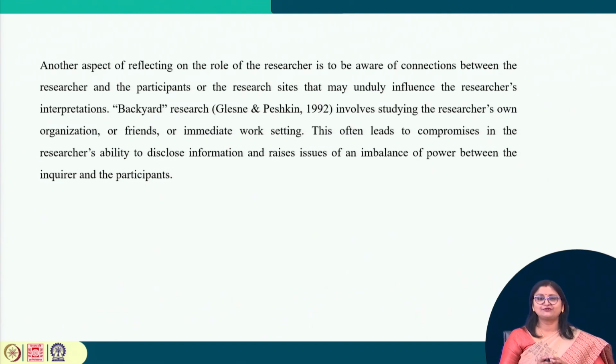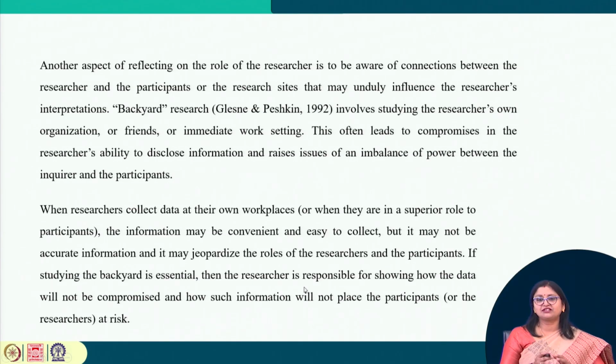This often leads to compromise in the researcher's ability to disclose the information and raises issues of an imbalance of power between the inquirer and the participants, because they are friends and maybe disclosing a confidential or conflicting issue will raise a question or create a problem. That is why the true picture of the result will not come out.